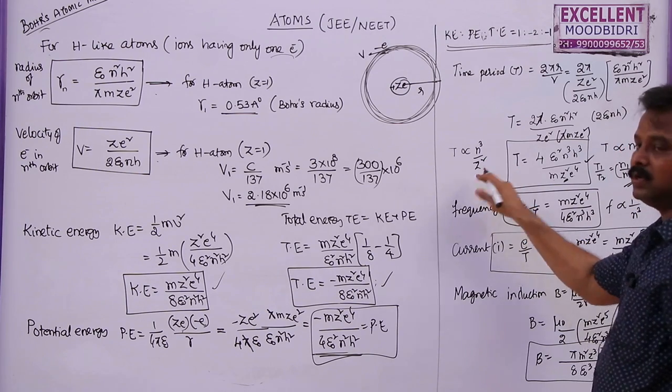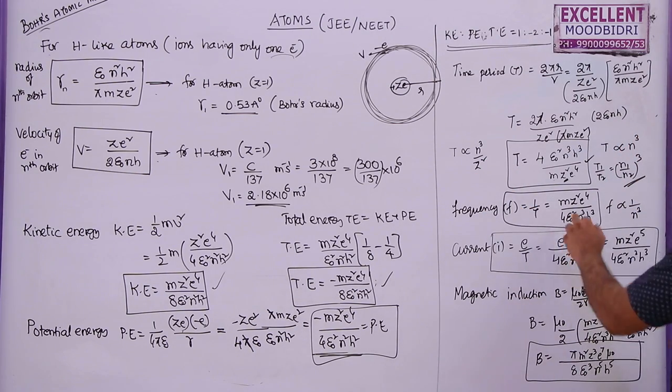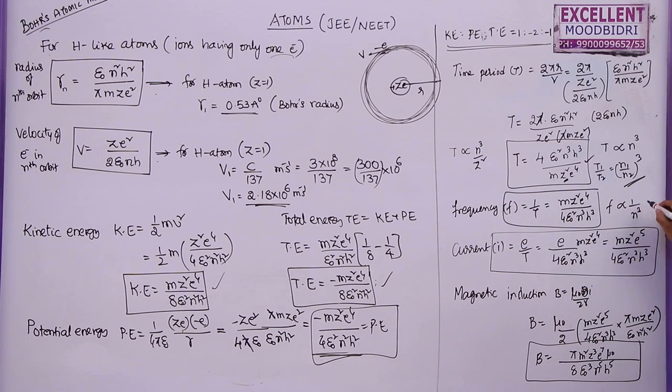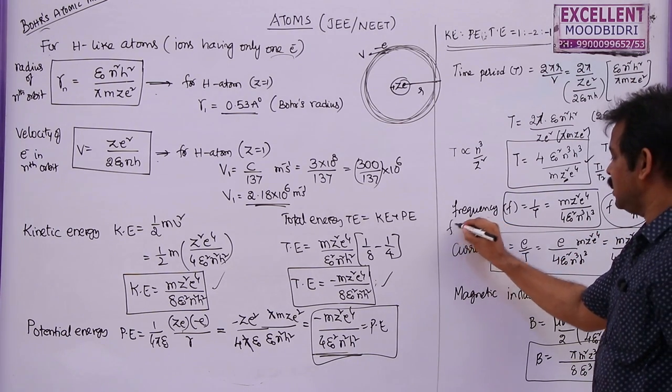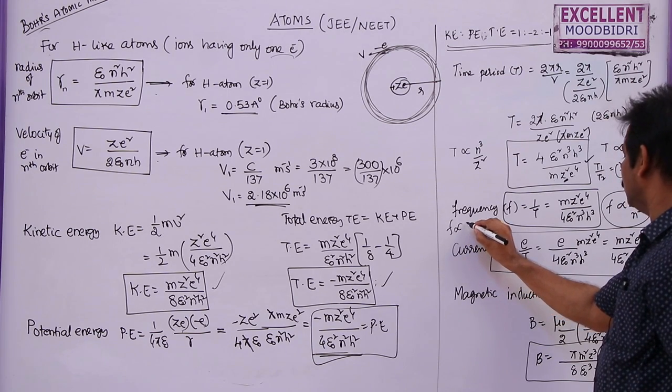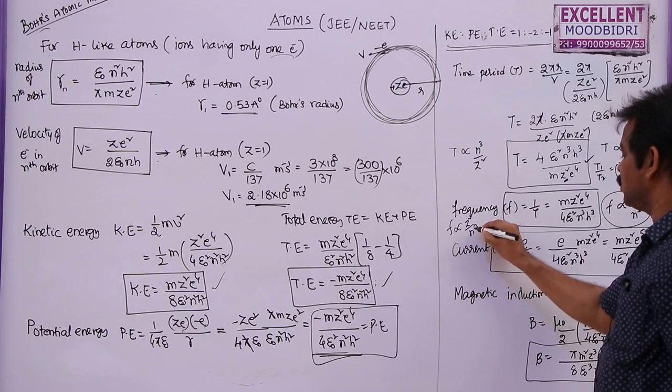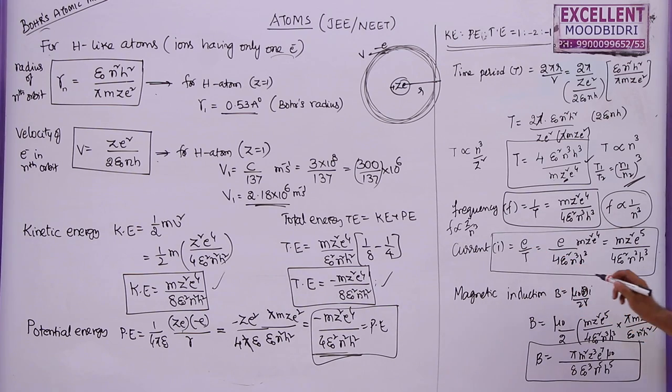Then we have to substitute Z value also. Similarly for frequency also, this is for hydrogen atom, frequency inversely proportional to n cube, but for other ions, directly proportional to Z square by n cube. Similarly for current also, I is directly proportional to Z square by n cube. For hydrogen atom Z is equal to 1, then current is proportional to 1 by n cube here.